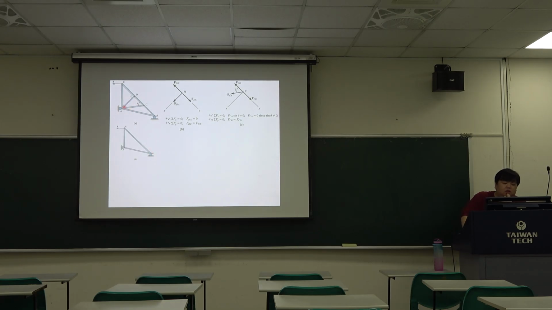Okay, so in this case, we can focus on drawing a free body diagram about the point D. Then you can see we have three forces at point D. When you do the summation Fx equals 0, if we put the axis here, you can see the FDA is equal to 0 because there is no other support and no other applied force.